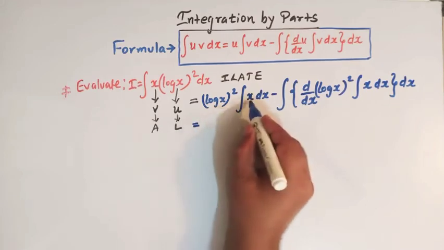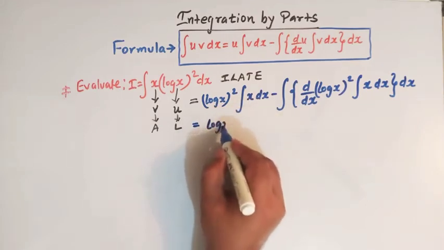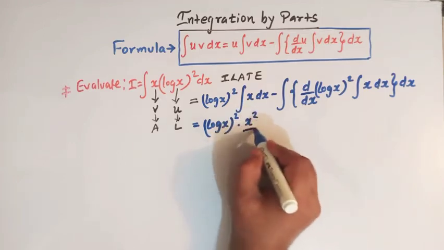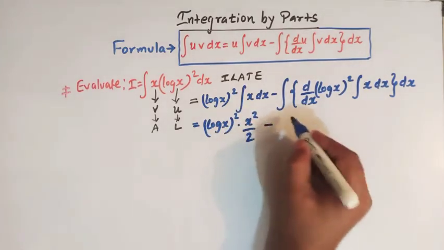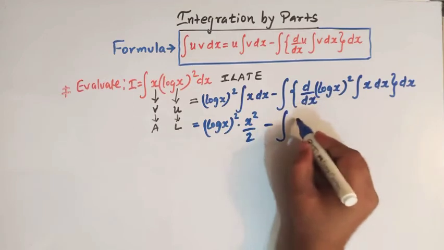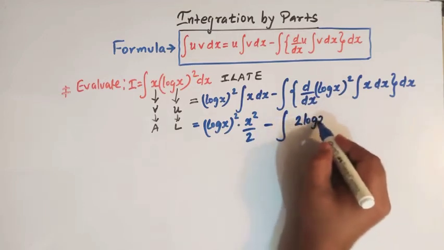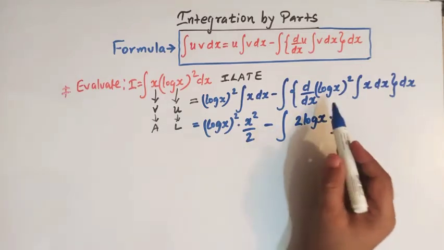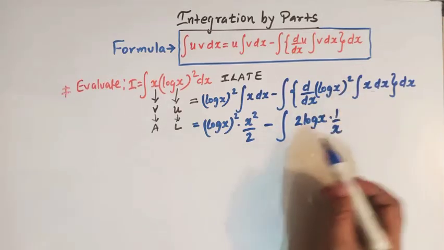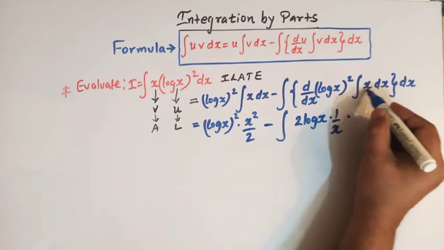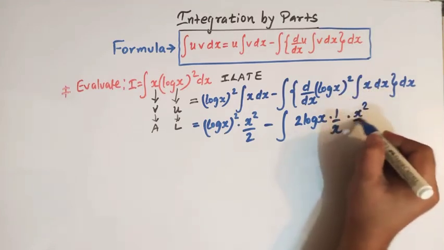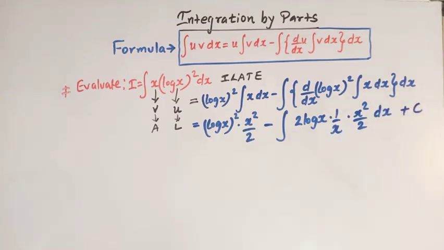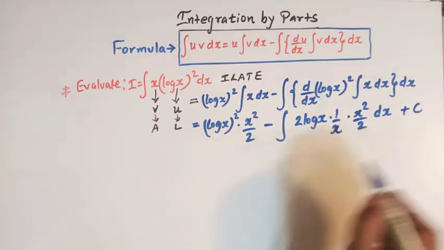So this is log x whole square, here we have x square by 2 minus, and here we have 2 times log x, and then we have 1 upon x, because making use of chain rule, and for this integral we have x square by 2, and then we have dx plus c. C is the constant of integration.